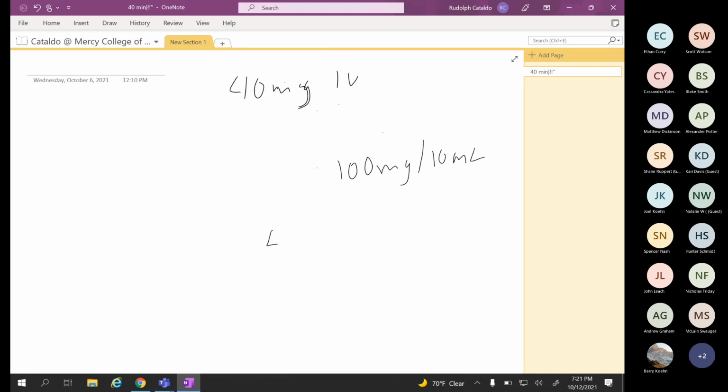So we do desired dose over available dose times available volume equals 4 milliliters.